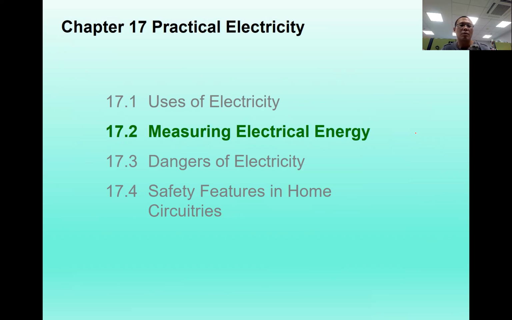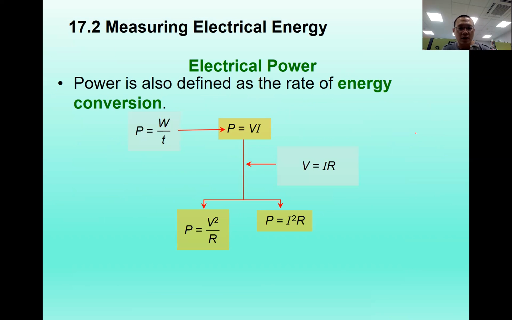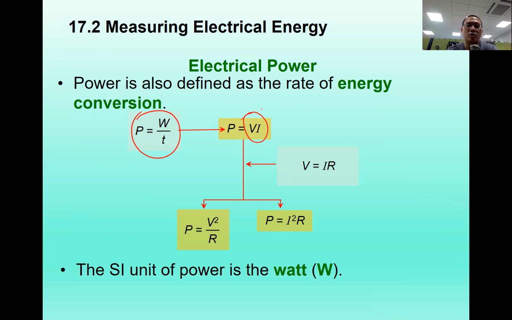Now for calculating electricity, the formula that we use is the one that we see quite often: power equals work over time, which is energy divided by time. But in electricity, we have another way of calculating, whereby we look at voltage and current. If you look at your kinematics and dynamics, power is the amount of energy used per unit time to do work.